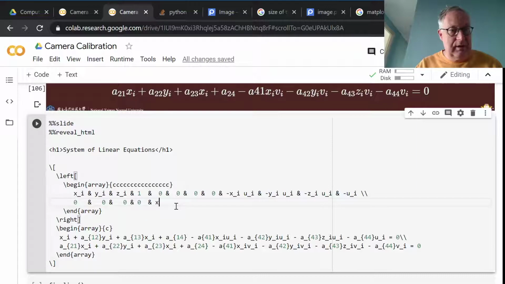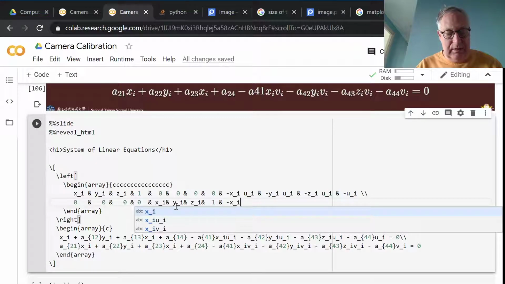So we end up with xi, yi, zi, 1, and then we have negative xi vi, negative yi vi, negative zi vi, negative vi.